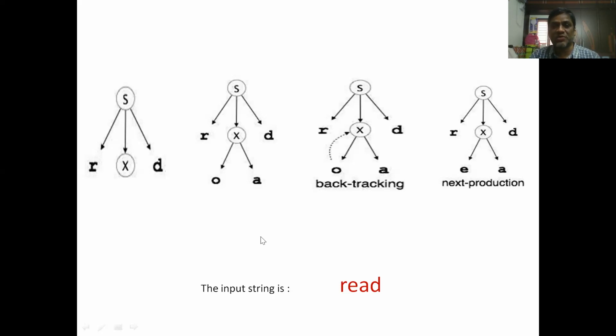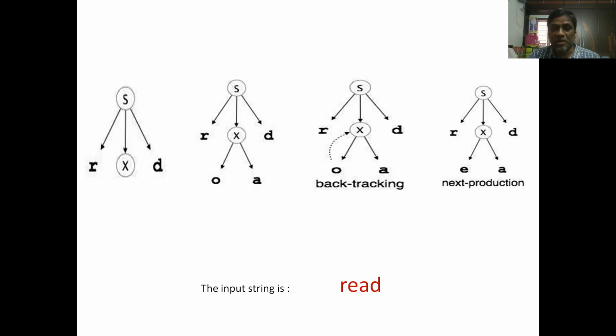That is the biggest disadvantage of the backtracking parser. Because of that, it tries all possibilities by backtracking to its previous situation. So this consumes a lot of time complexity. Therefore, it is not efficient. The backtracking parser is not efficient because of its backtracking operation, which consumes more time for generating the original string.